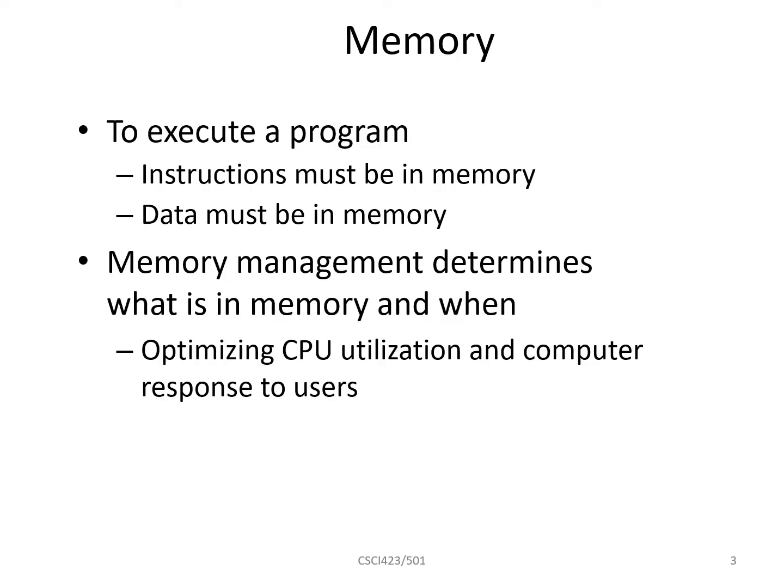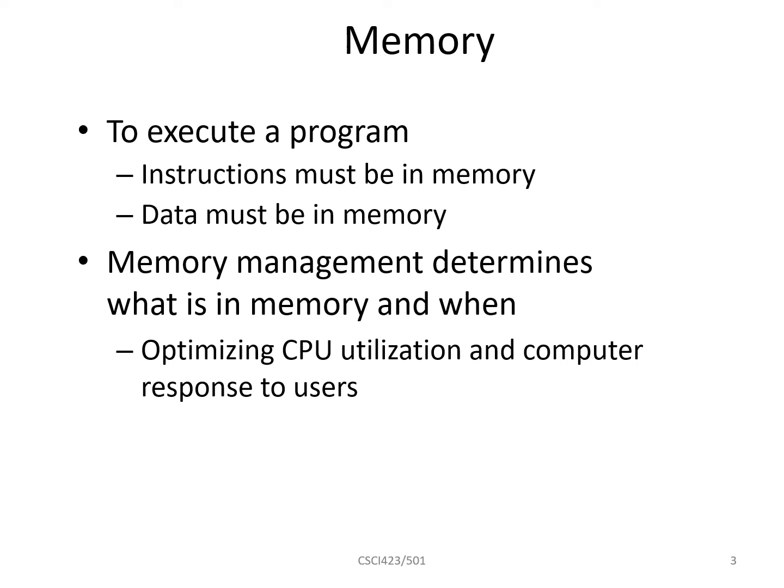Besides the process, another major component inside the operating system is the main memory. Basically, to execute a program and make it run on the CPU as a process, we must have its instructions available in the main memory, and we must also have the corresponding data available in the main memory.